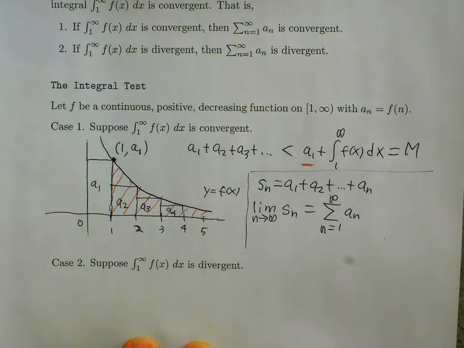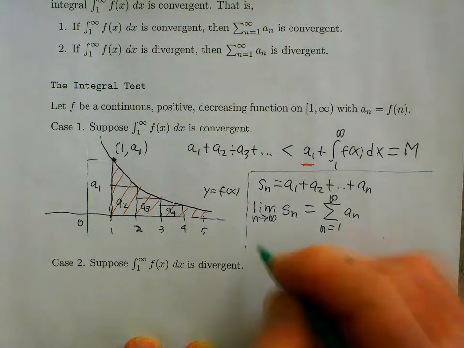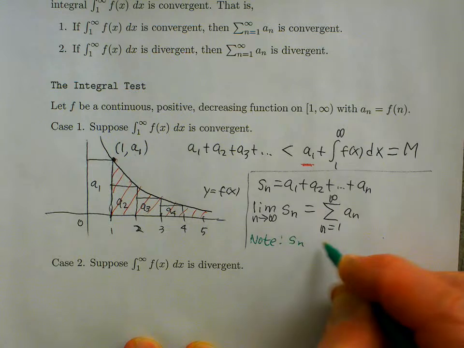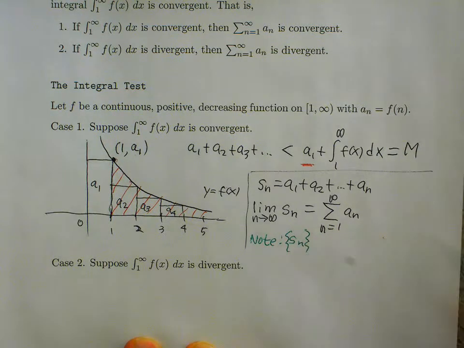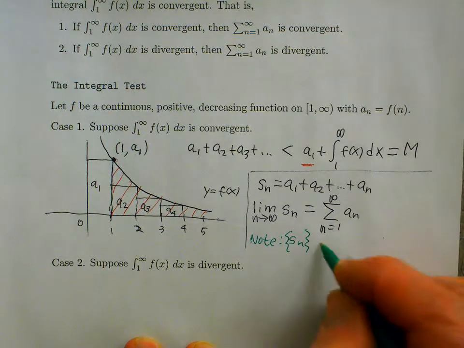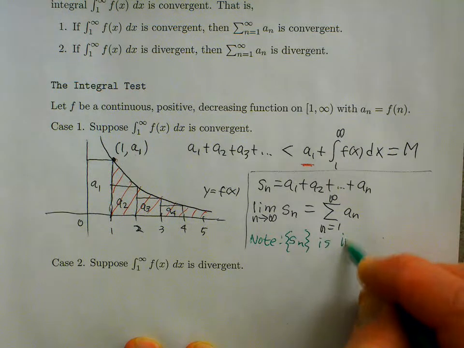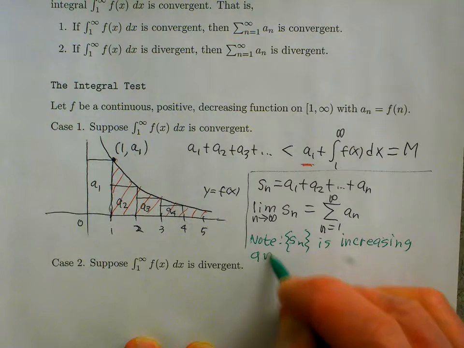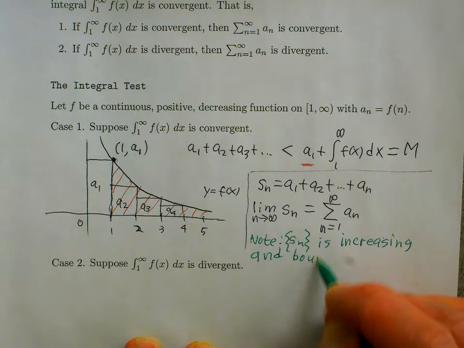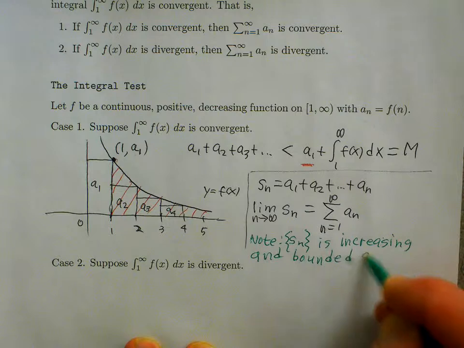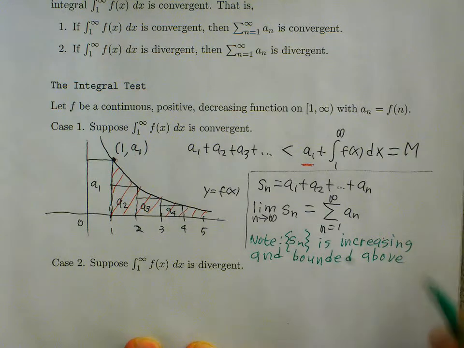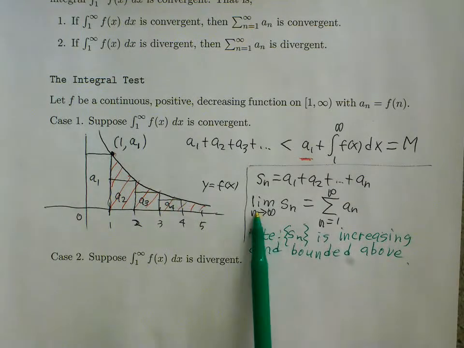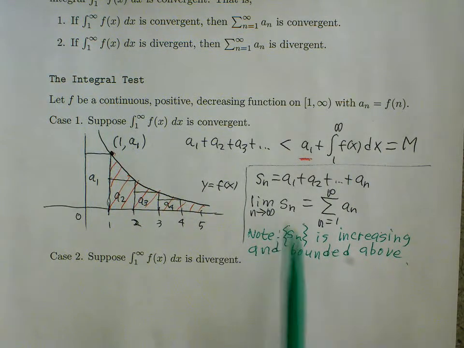So just note, S sub n, the sequence of the partial sums, is increasing and bounded above, and so by the monotonic convergence theorem, the limit of S sub n exists.